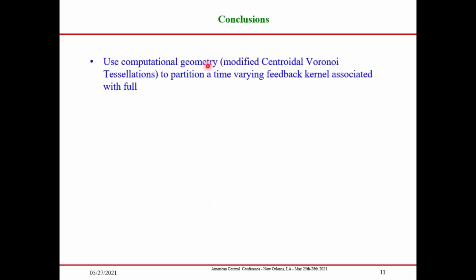Now we use combinatorial geometry, modified centroidal Voronoi tessellations, to partition a time varying feedback kernel that is associated with a full state feedback. And this time variation was induced because of the time variation of the input operator.